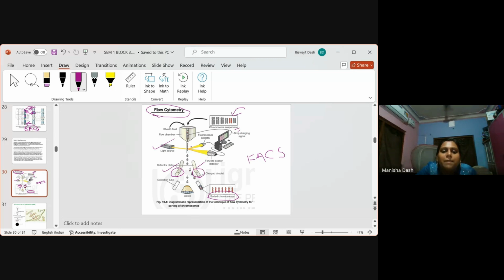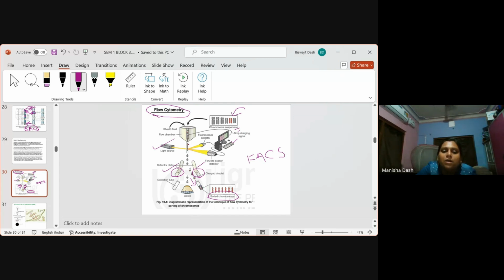Here you can change the charging signal, depending upon which chromosome you want to sort. Here we are targeting the chromosomes which have a positive charge, so they will be deflected towards the negative deflector plate, and they will be collected in the collection tube.